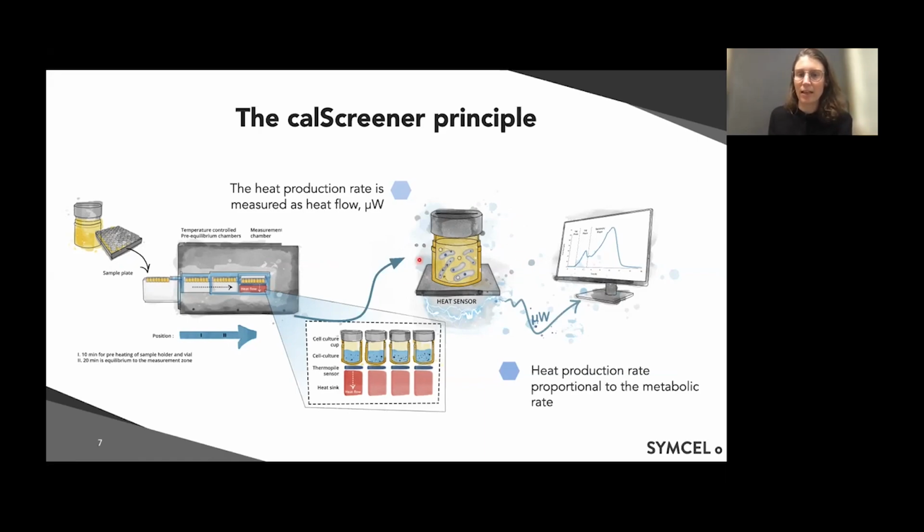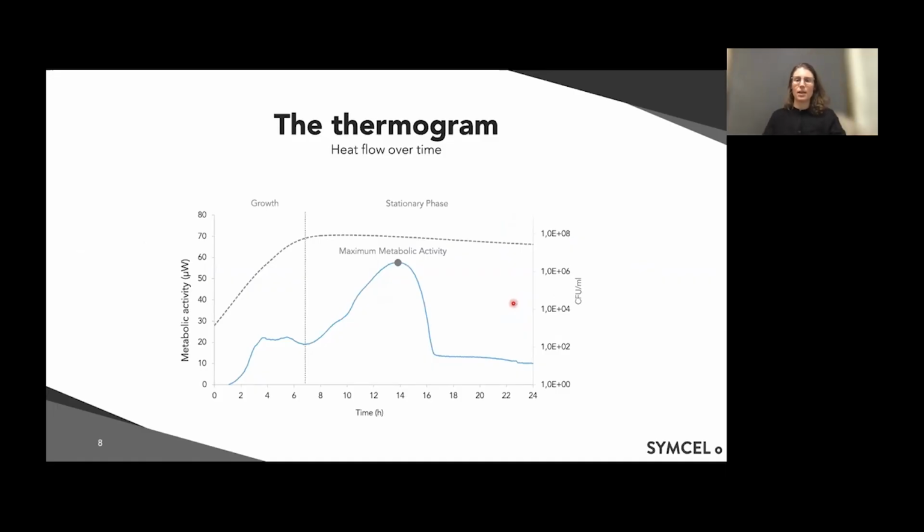And then basically what happens in your vial, here an example of a bacterial culture. The bacterial culture will consist of many different cells that are metabolically active, and eventually they will produce heat, and this heat will be sensed by the heat sensor as heat flow in microwatts. And what we can say is that the heat production rate is directly proportional to the metabolic rate of the sample. And what you then get is a thermogram, which is basically the heat flow over time.